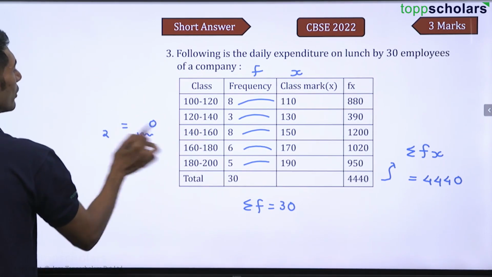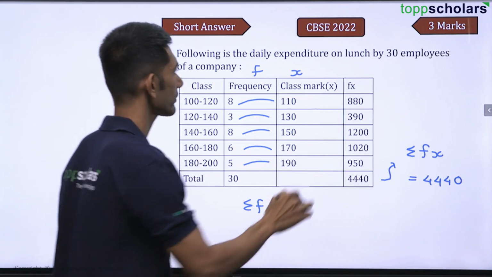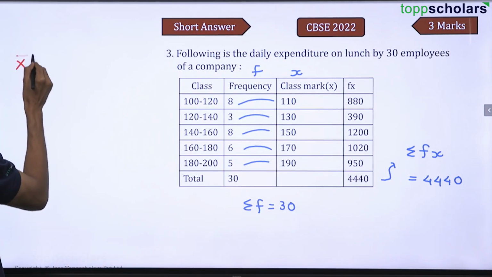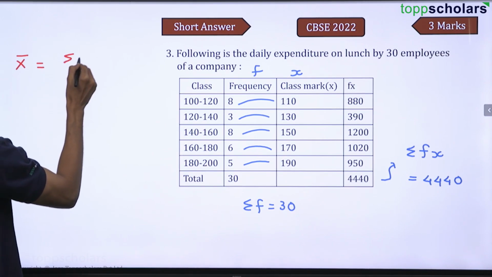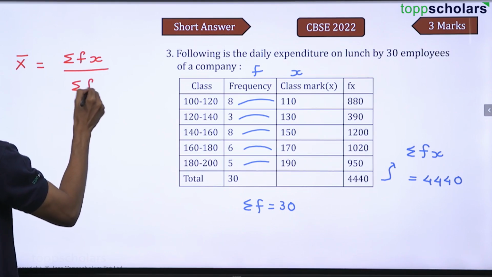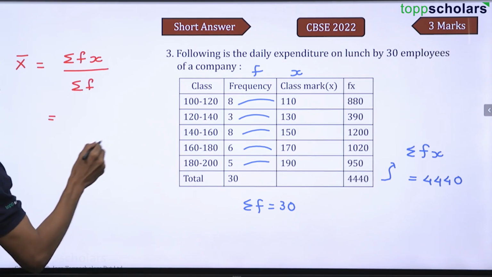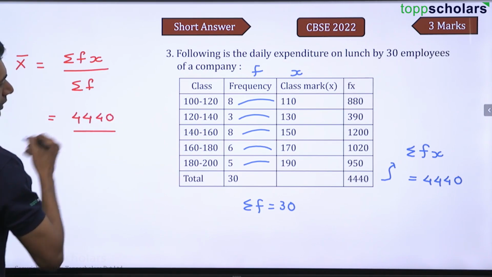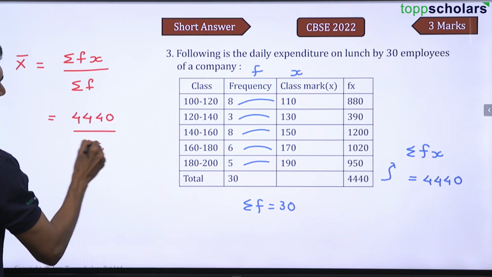So what is the formula to find out the mean? It's by the direct method, right? So mean x bar, I'm calling mean as x bar, given by summation f into x by summation f, that is equal to 4440 divided by 30, right?